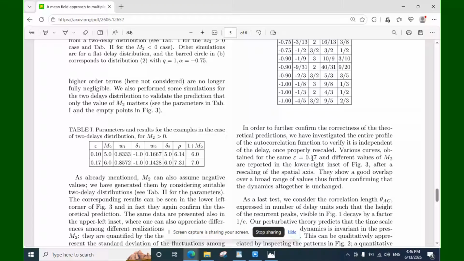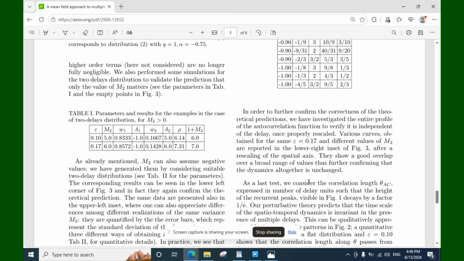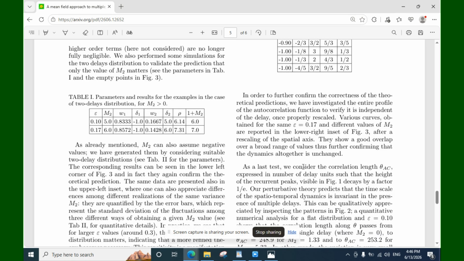Once properly rescaled, various curves obtained for the same epsilon equal to 0.17 and different values of M2 are reported in the lower right inset of Figure 3. After rescaling of the spatial axes, they show a good overlap over a broad range of values, thus further confirming that the dynamics is unchanged.